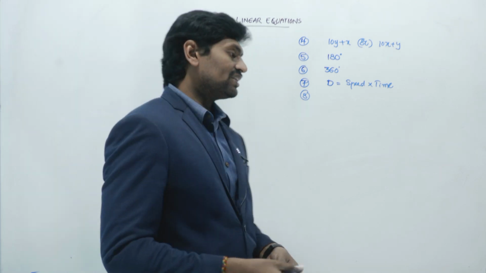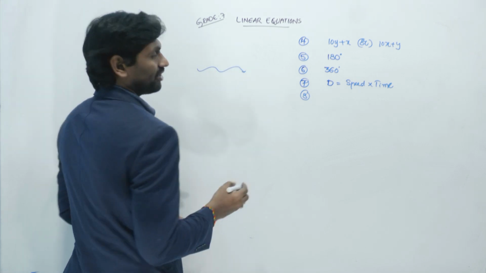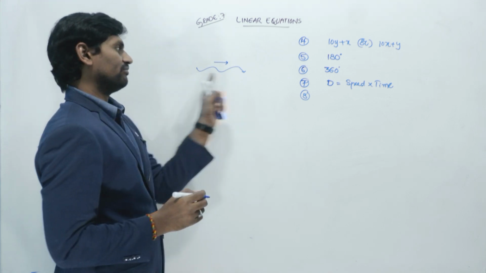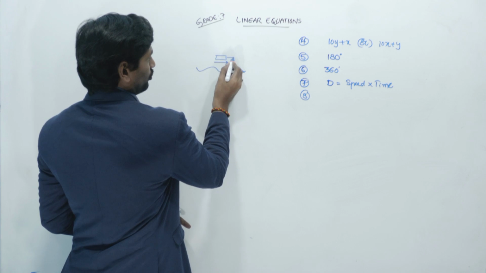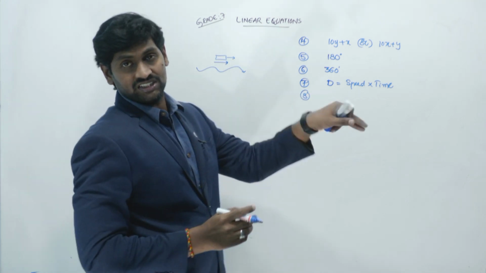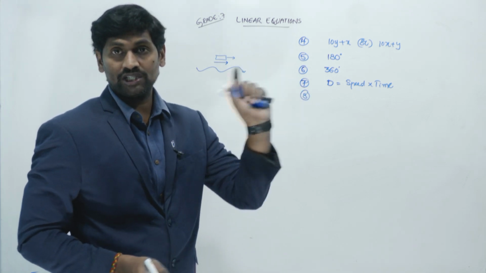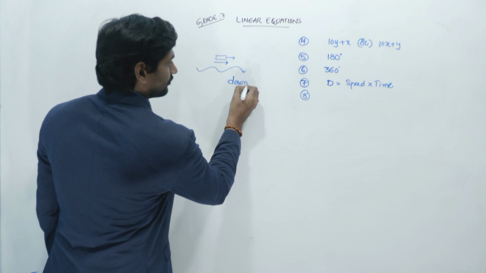Stream is nothing but the flow of water, or flow of current also we can call. That means, for example, the water is moving from left to right. This is the moving direction. The boat also moving along with stream, or along with current, or along with the water, we can call the boat is traveling downstream.